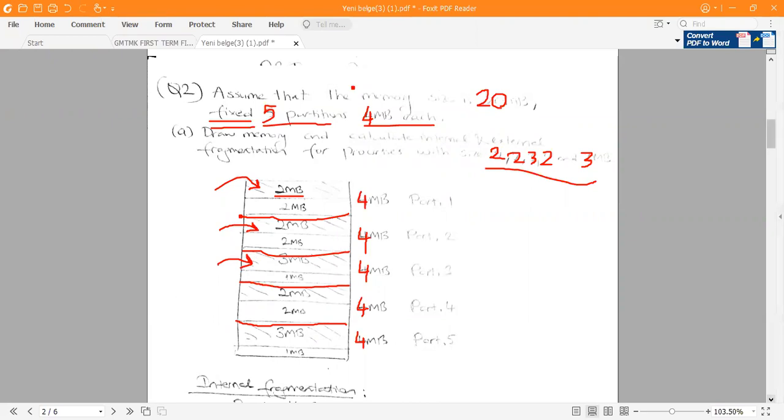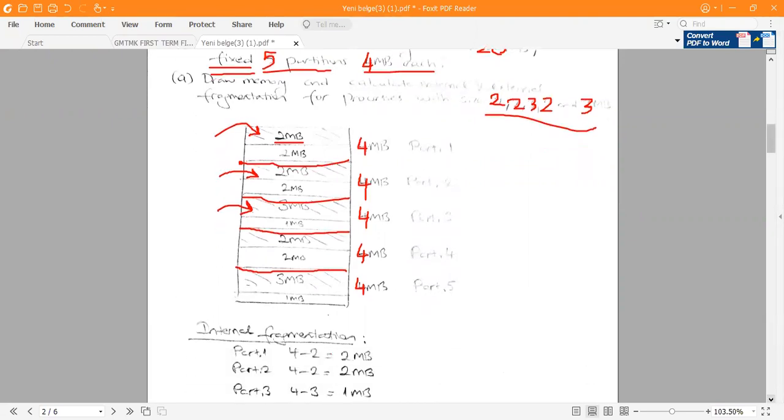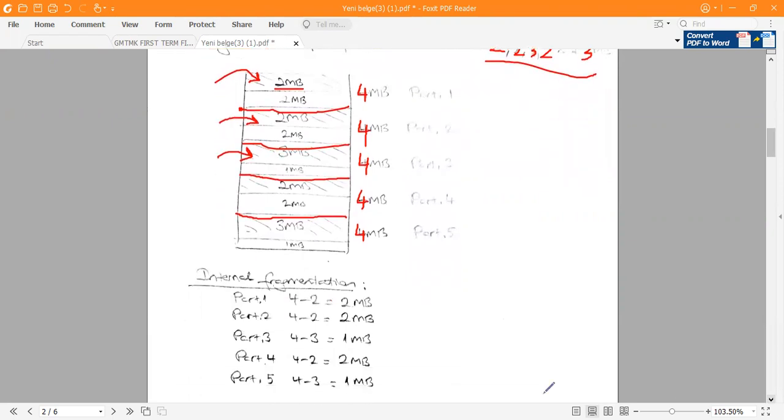So my internal fragmentation is each remaining space. Here it is 2 megabytes, here 2 megabytes, here 1 megabyte, because I have a 4 megabyte partition and a 3 megabyte process came, so 1 megabyte remains.